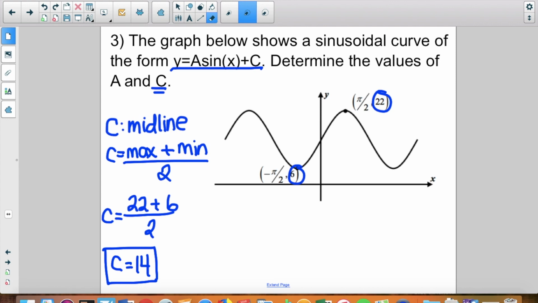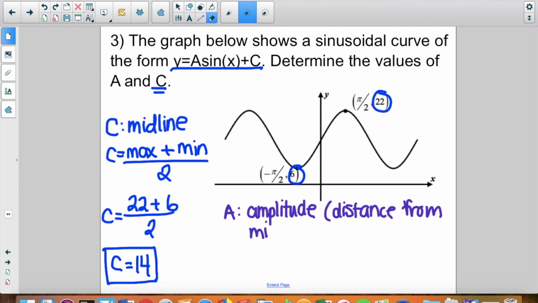Now, to find A, A is our amplitude. The amplitude, by definition, is the distance from your midline to your max or min. Okay? Now, we know our maximum and our minimum, and we know our midline.